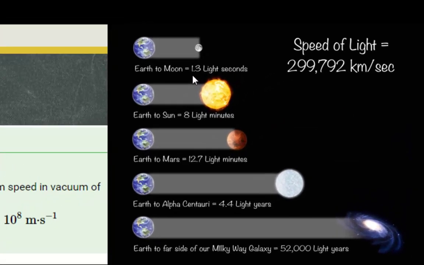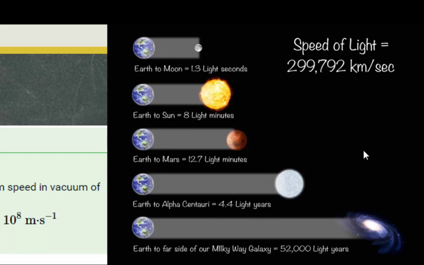The way that we do this is by talking about something called light seconds, light minutes, light years, and that's just a way for us to describe distance between stellar objects like the Earth and the Moon, the Earth and the Sun, the Earth and Mars, and so on.